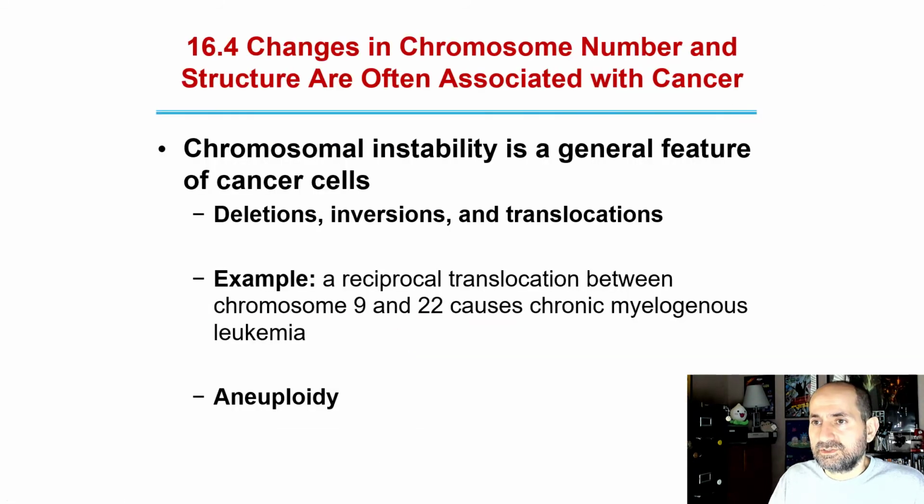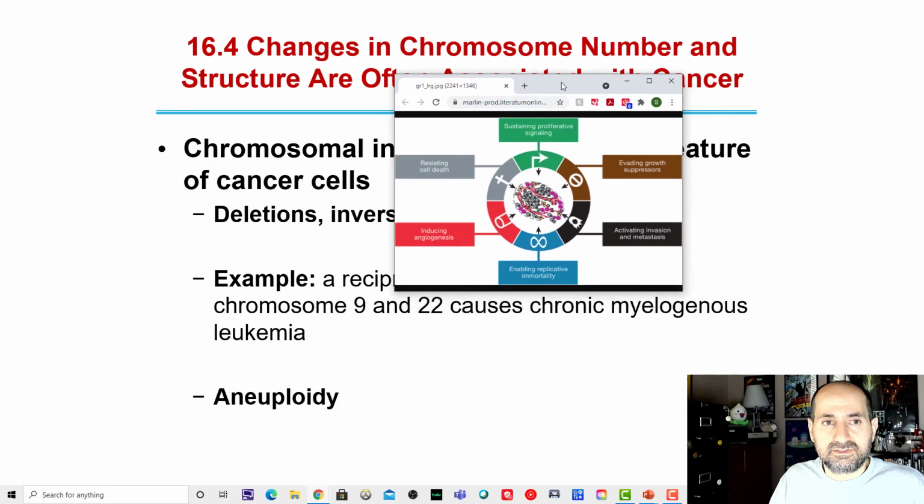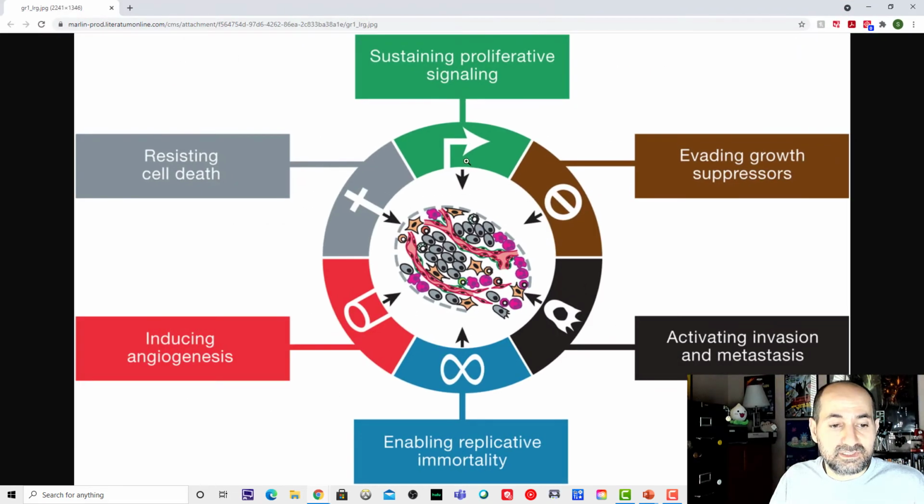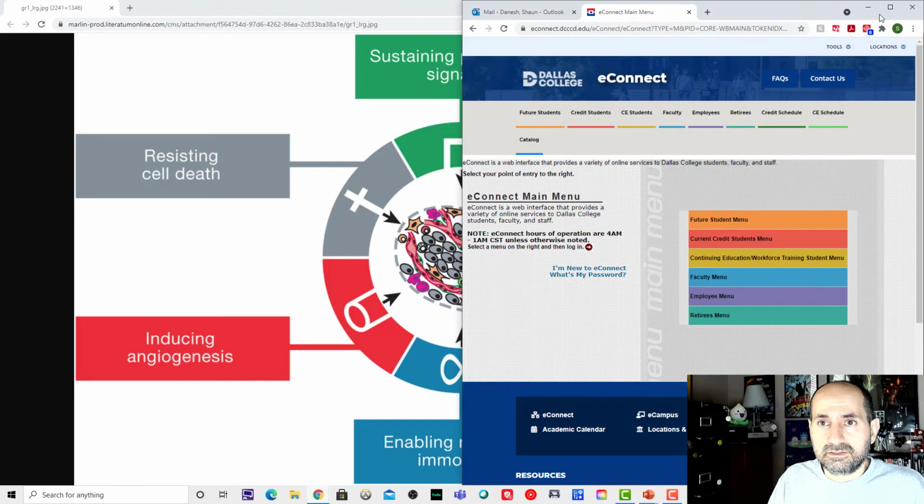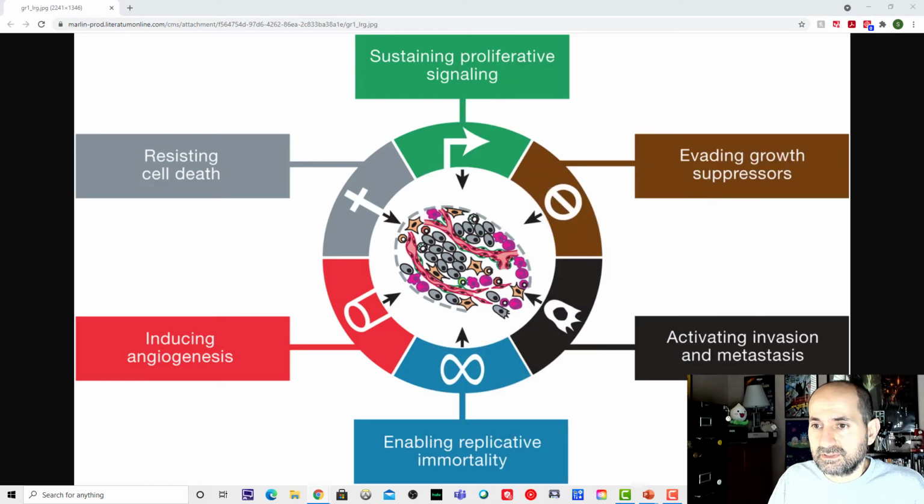Okay, so let me show you something here. This is from a very interesting and important review called The Hallmarks of Cancer. And I want to tell you the authors because I want to give them credit.